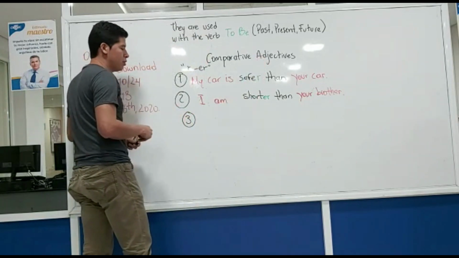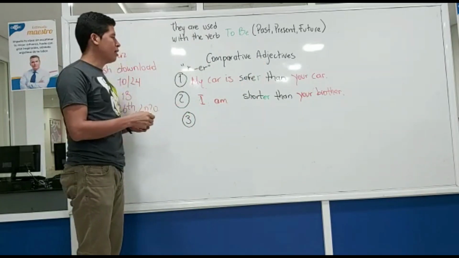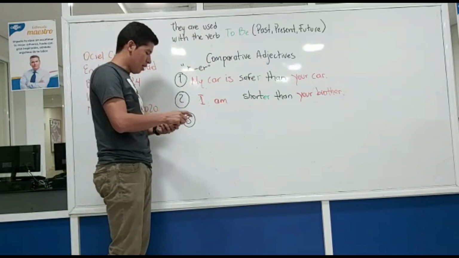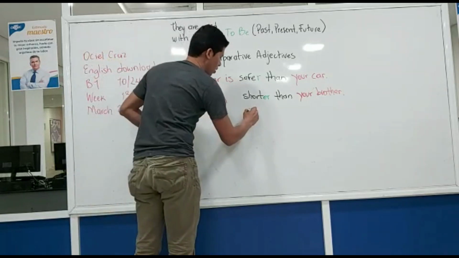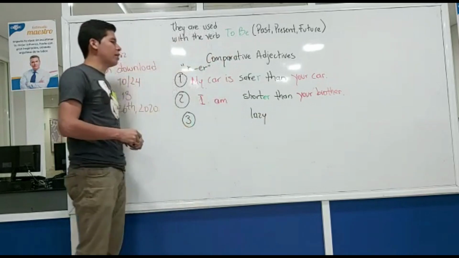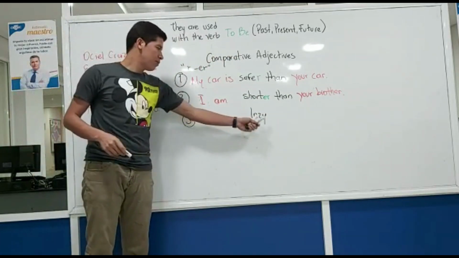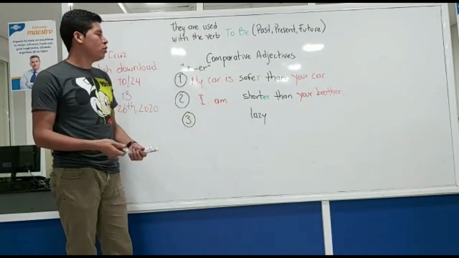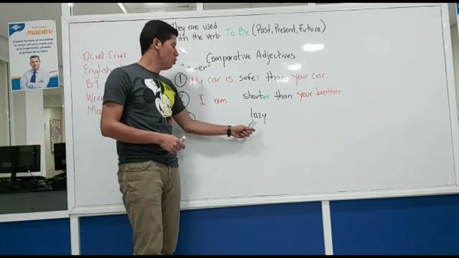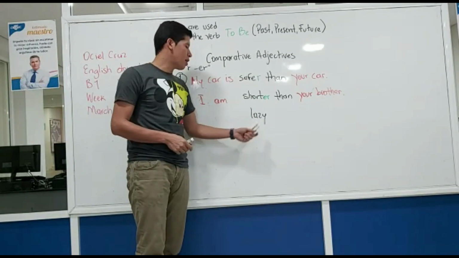The number three rule is very easy because we need to use adjectives that end in the consonant Y. For example, lazy. Lazy is an adjective, and these adjectives end in the consonant Y. So what are you going to do when you use an adjective that ends in a consonant Y?